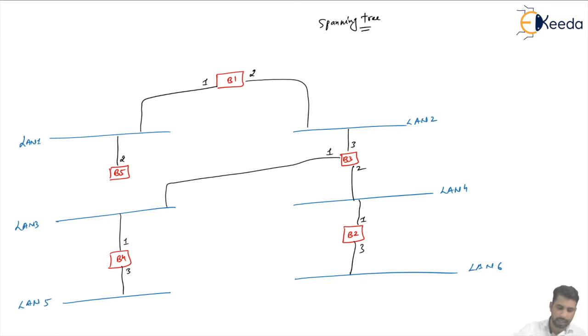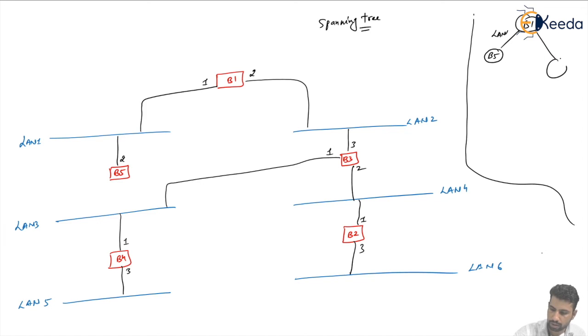If we make a diagram of this one, it looks this way. This is bridge number 1 with LAN number 1 connected to bridge number 5 through LAN number 1. This is bridge number 3 connected through LAN number 2.